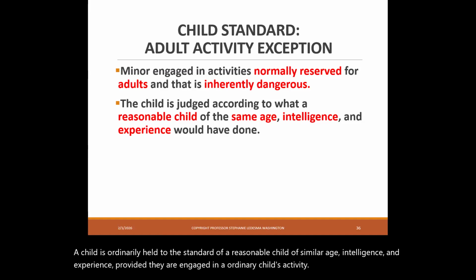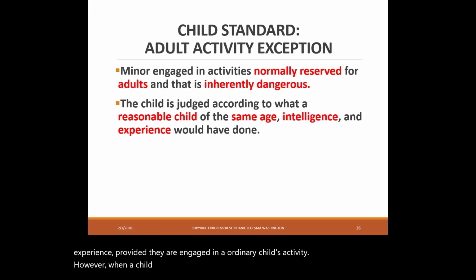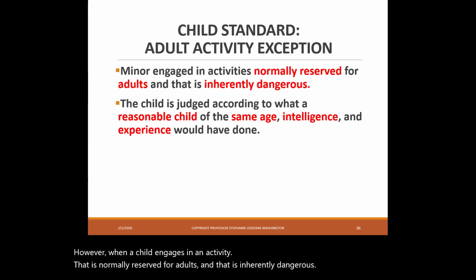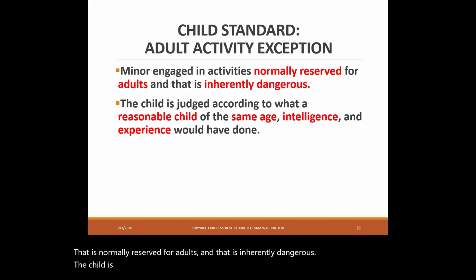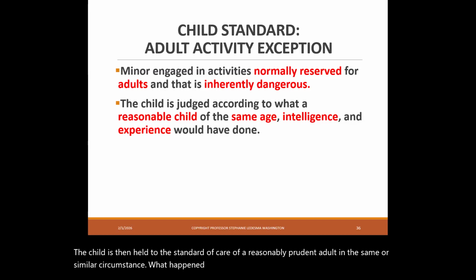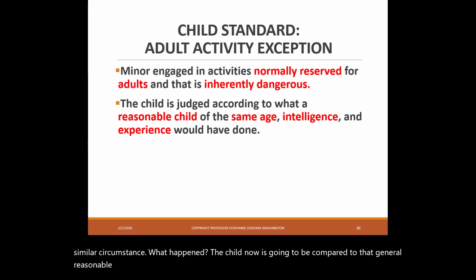However, when a child engages in an activity that is normally reserved for adults and that is inherently dangerous, the child is then held to the standard of care of a reasonably prudent adult in the same or similar circumstance. What happened? The child now is going to be compared to that general reasonable person standard. Get it?